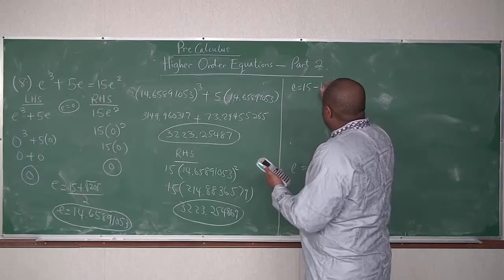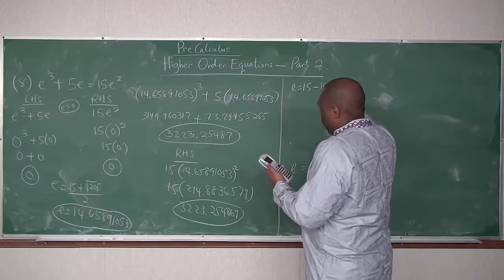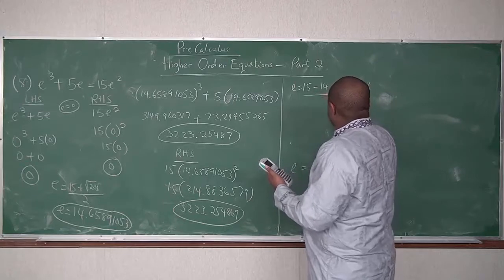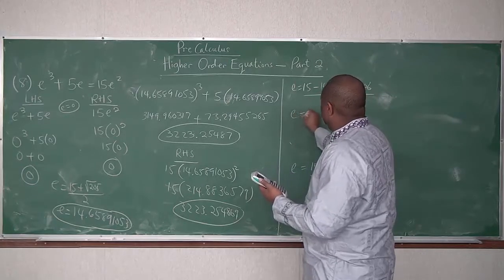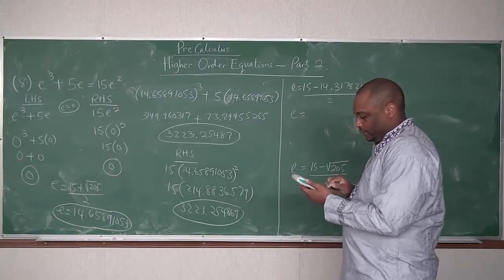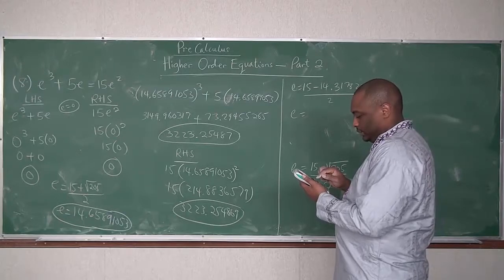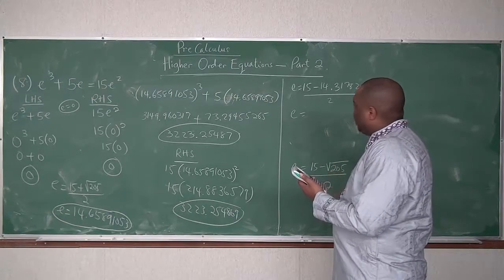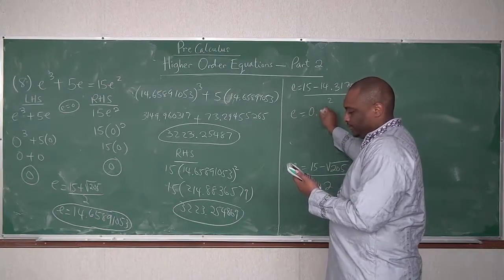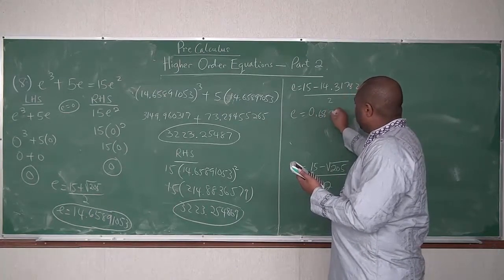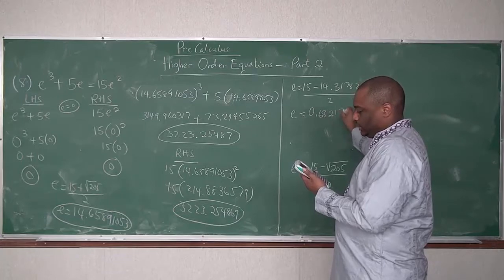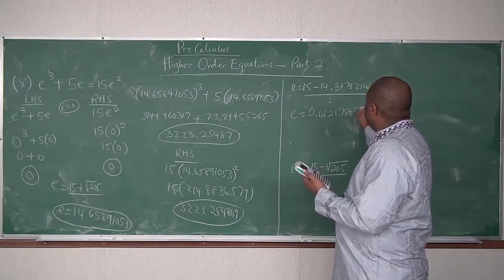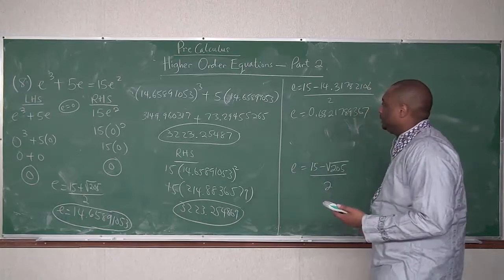Okay, that gives me 14.31782106 all over 2. So this is now 15 minus the answer. Shift answer. Okay, so I have 0.6821789367. This is what I got.